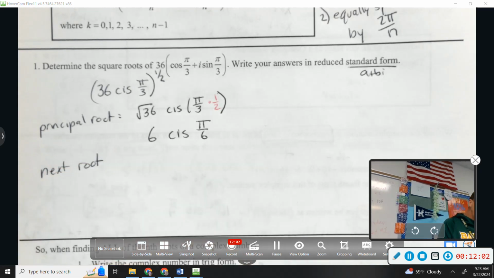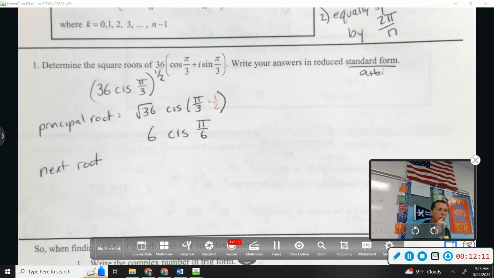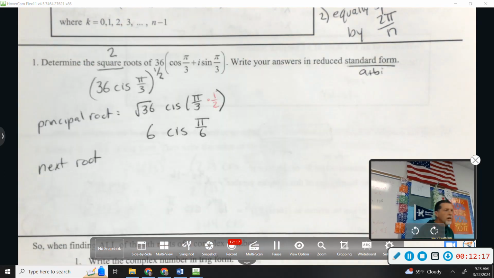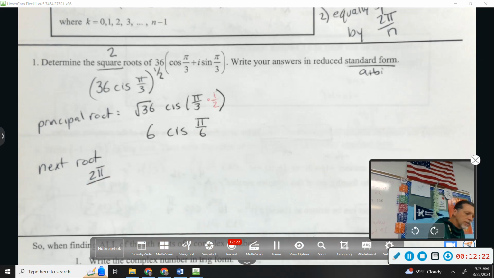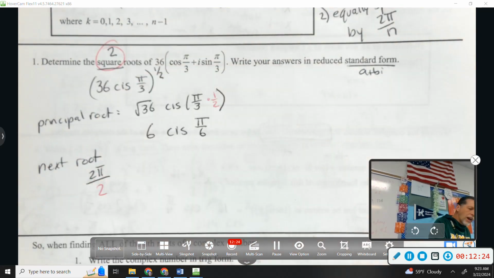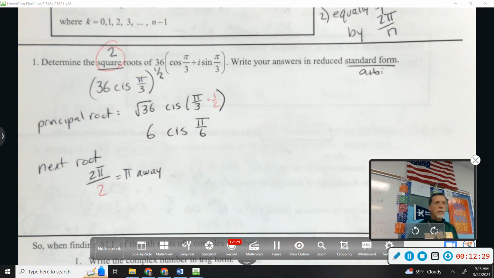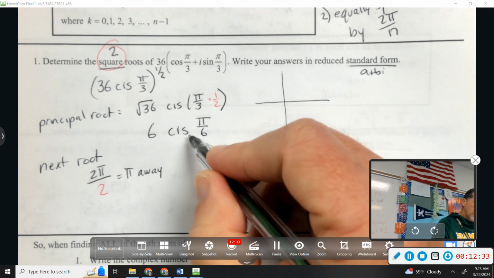Now the next root is, how far away is the next root in the angle? Okay. Let's see. How many roots do I need? 2. So my next root is going to be 2 pi over 2 away. Maybe a picture would help. 6 cis pi over 6.